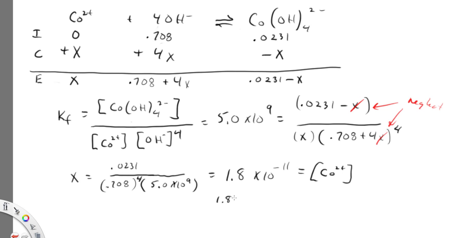And then 1.8 times 10 to the minus 11th over our concentration of 0.0231, so can we neglect x, times 100, well, that's going to be way, way less than 5%. So we can neglect x, and you need to show that as well.